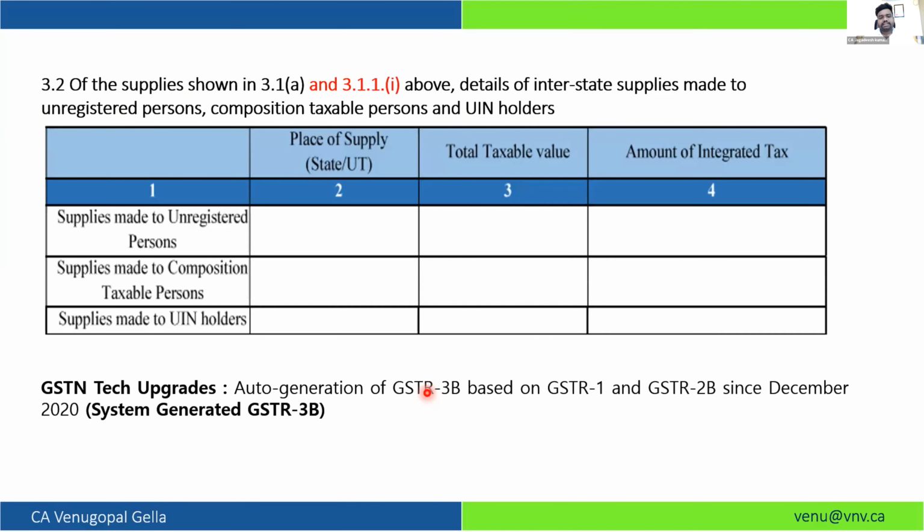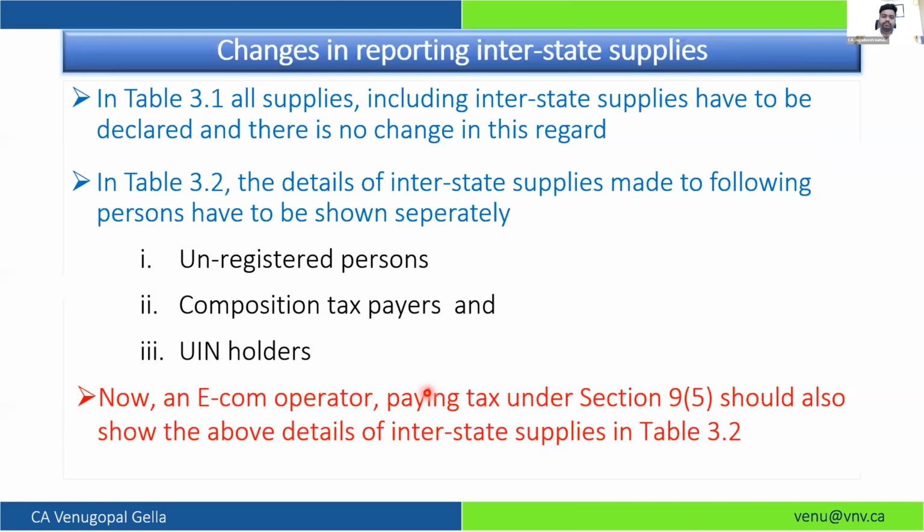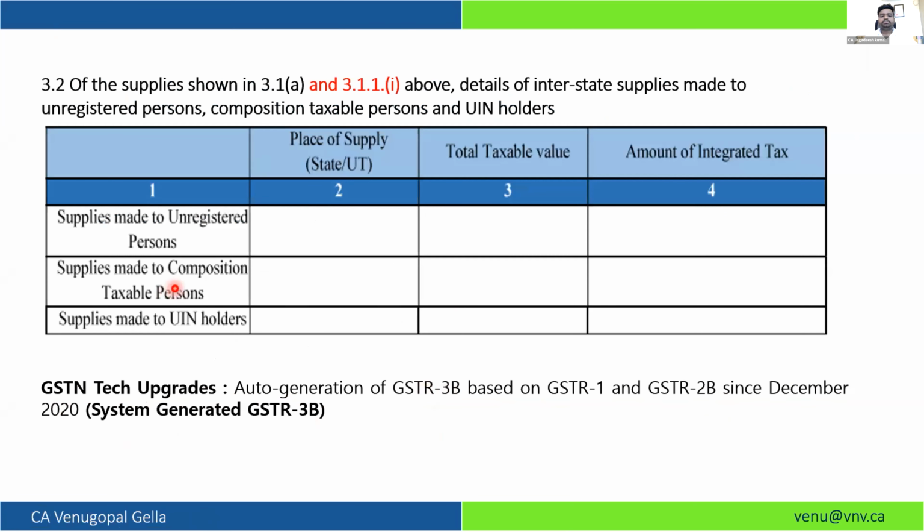What is raised in the circular is that many taxpayers are not reporting the place of supply. As we know, GST is a destination-based tax. Because the place of supply is not mentioned, many states are losing revenue. Yes, place of supply is the criterion for sharing the revenue between the state and the center.